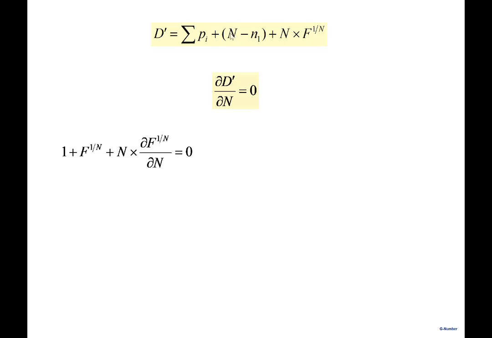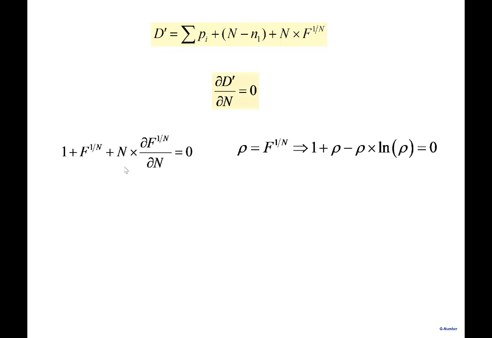Simple derivative, 1 plus f to the power 1 by n, n into the derivative of this part here equal to 0. Now I'm not going to go through the algebra, you can do it by yourself. I can define a quantity called rho equal to f to the power 1 by n. If I define it like this, the equation turns out to be this one here.